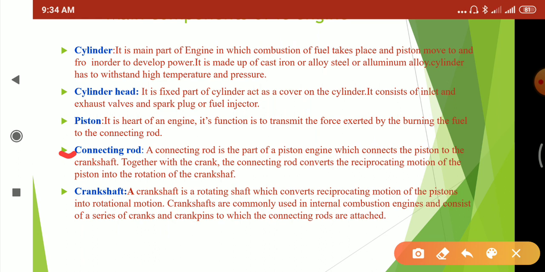Means connecting rod and crank, both convert the reciprocating motion of the piston into rotary motion of the crankshaft. See here, the connecting rod.